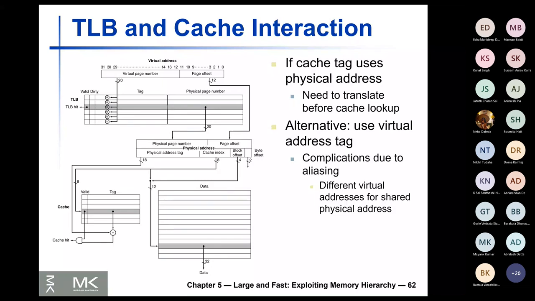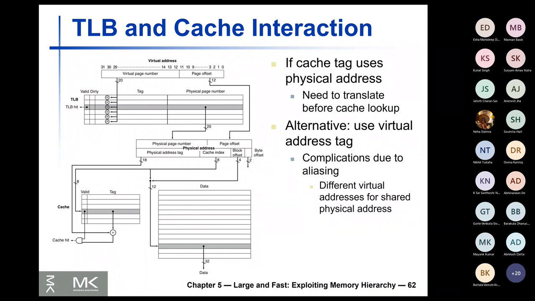So now your hardware should be such that the combination of the TLB lookup and the cache lookup together takes one clock cycle if there is a cache hit and there is a TLB hit. Okay, so that is quite difficult hardware design, isn't it?